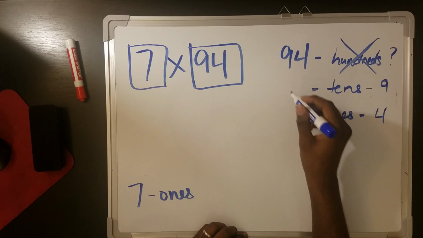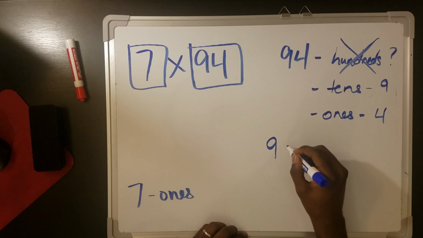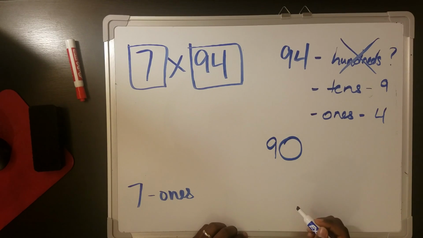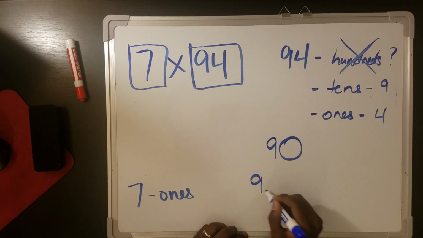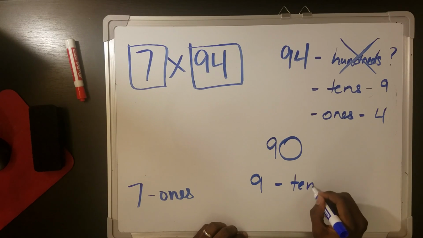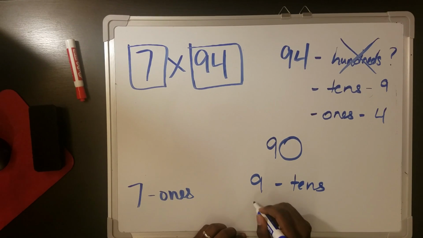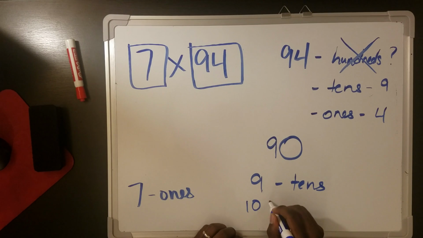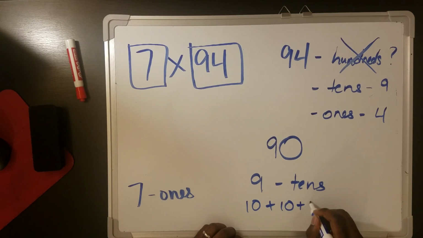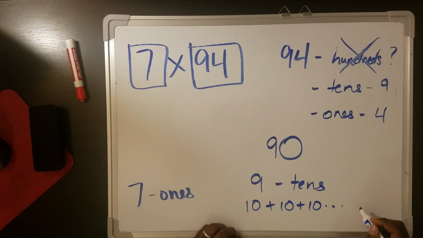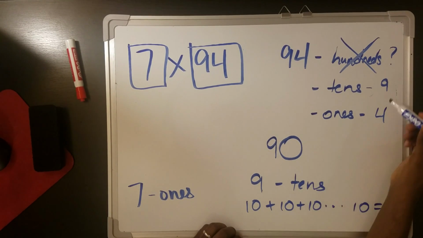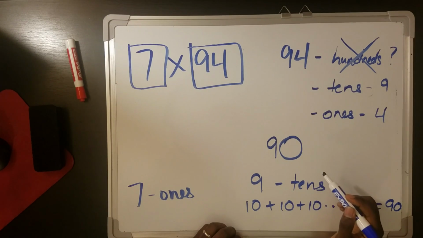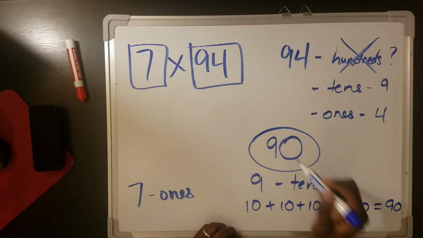We say that this 9 from the tens place is 90, because we have 9 tens. Right? So if you were to write 10 plus 10 plus 10 all the way until you had 9 of them, you would get 90. So a 9 in the tens place means we have 9 tens. Therefore, we have 90.